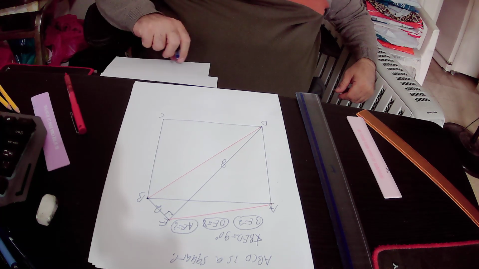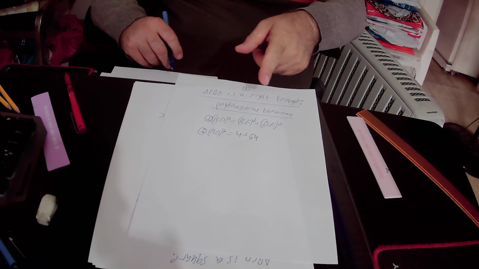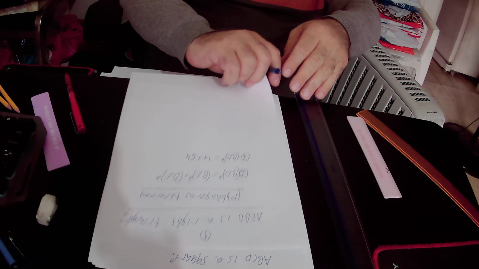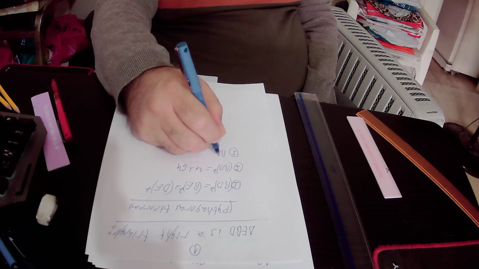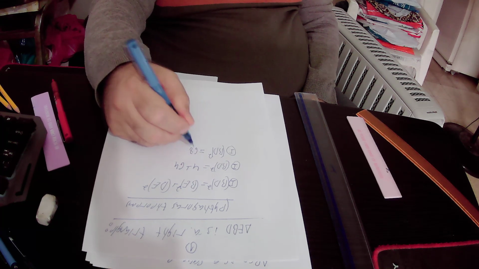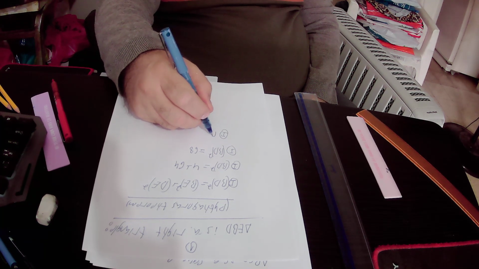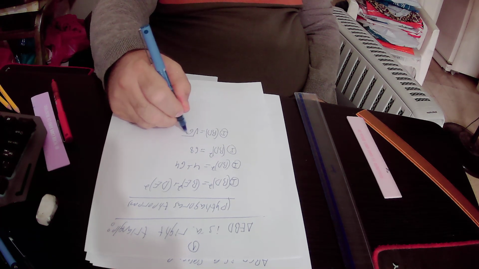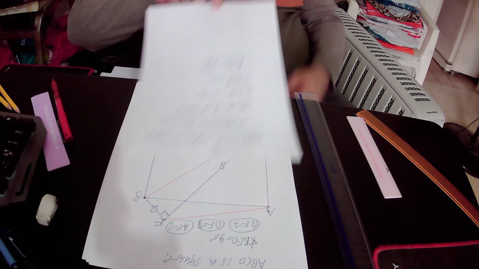So in total BD square equals 4 plus 64, which is 68. So BD square equals 68. Here we take a root out of equation number 1, and we get that BD equals the square root of 68.